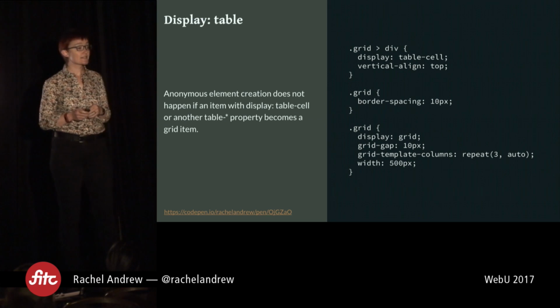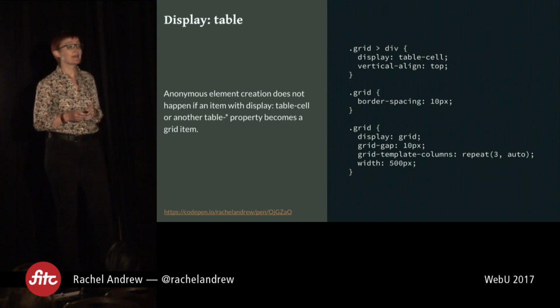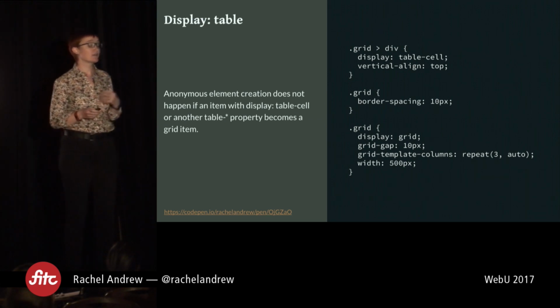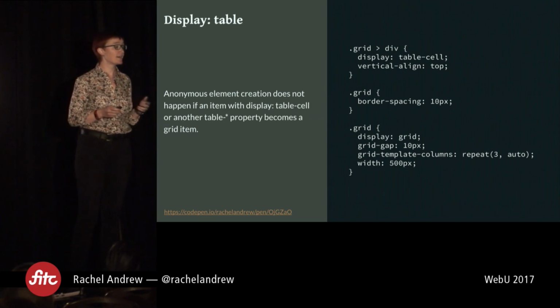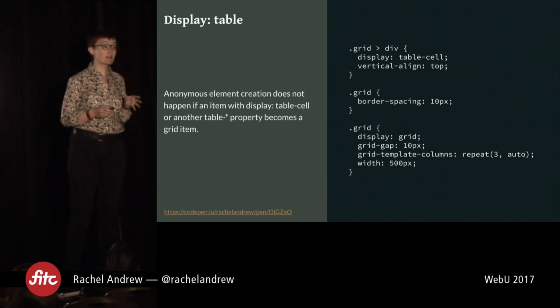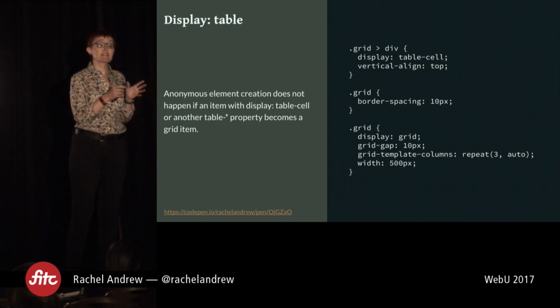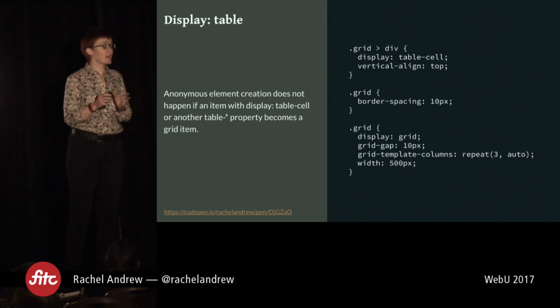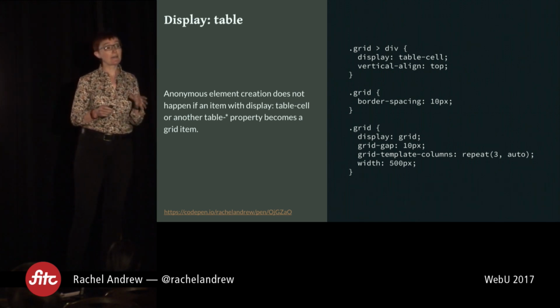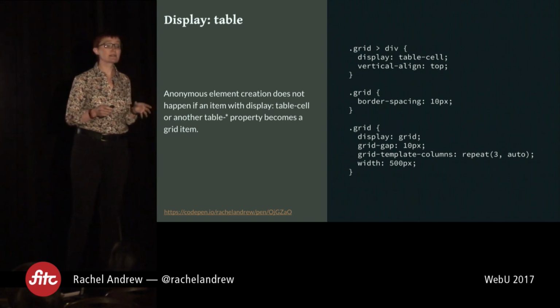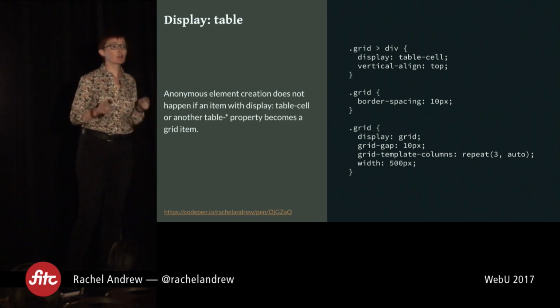If you're looking for fallbacks for grid, there's display table, making things into table cells, which lets you use vertical align. That's quite a good way to create fallbacks for very old browsers, if you need to support old versions of IE and so on. Again, you can overwrite table display with grid layout very easily. One of the things that happens when you use display table cell is that you get what we call anonymous boxes.